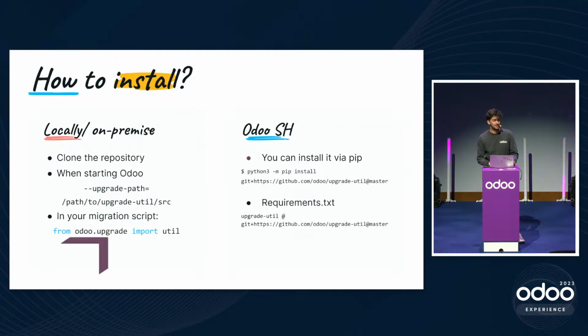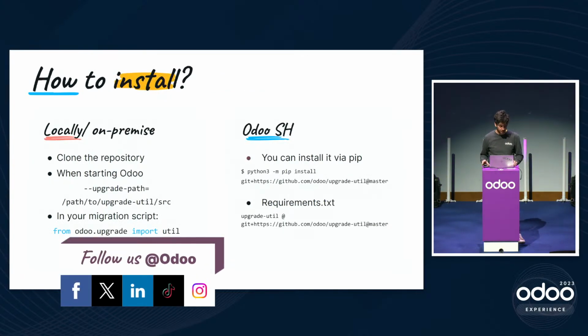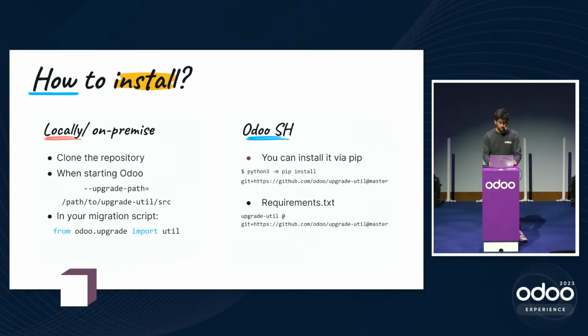So how to install it? Super easy. You can clone the repository, as I said. And when you start Odoo, you use the CLI argument upgrade path, and you direct it to where Upgrade Util is in the source folder. And then to use it inside a migration script, also super easy. If you use the CLI argument that I just gave you, you just have to use from odoo.upgrade import util to use the functions inside of it.